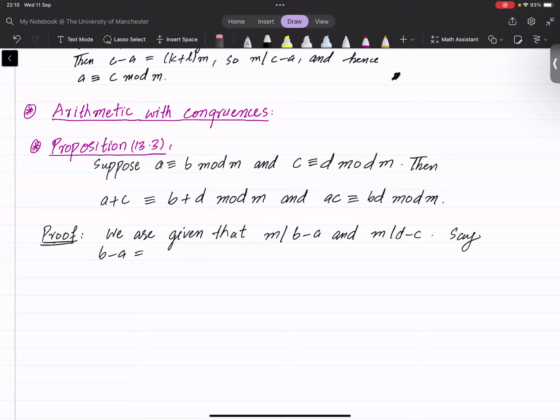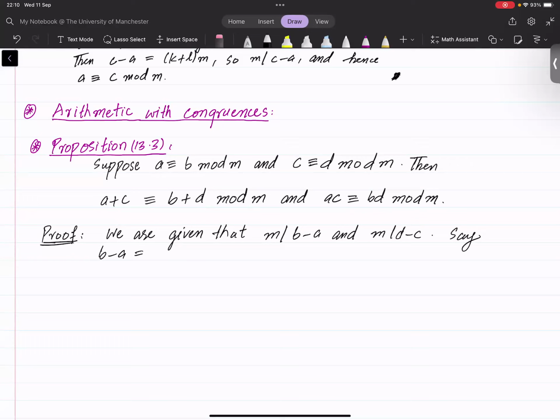So we are given that m divides b minus a and m divides d minus c.